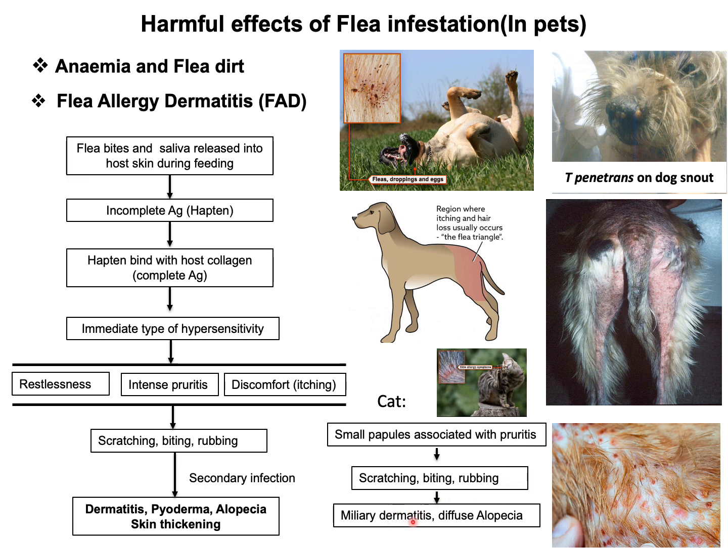So in cat there will be miliary dermatitis. So dermatitis can be seen throughout the affected body part. And in this picture, you can see there is pruritus on the snout of a dog due to Tunga penetrans infection.